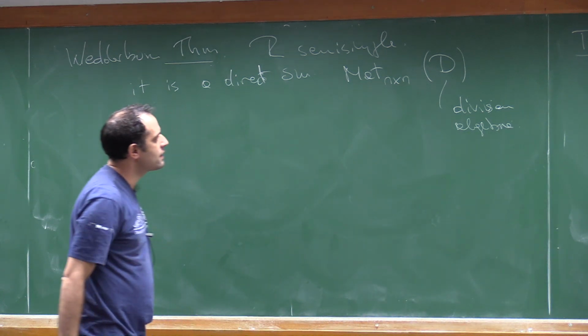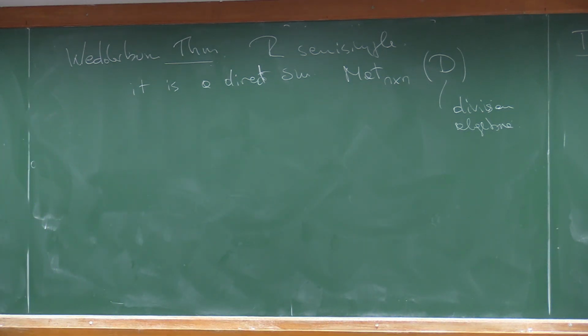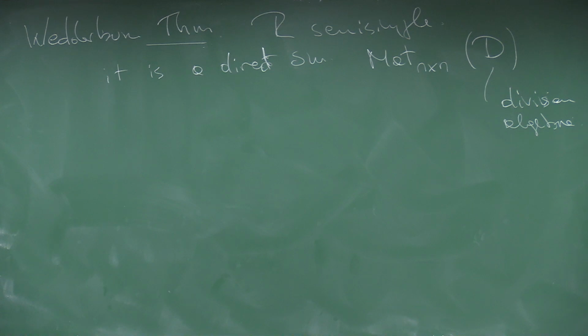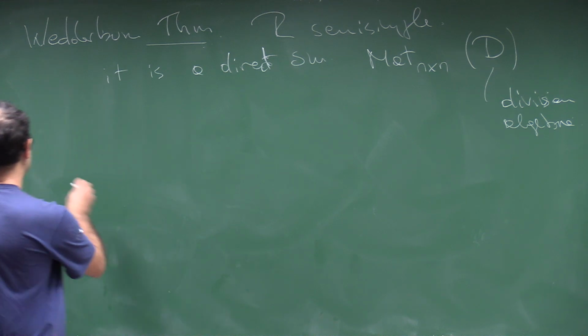So in particular, if R is an algebra over a field which is semi-simple, it's going to be a direct sum of matrix algebras. So that's a particular example.